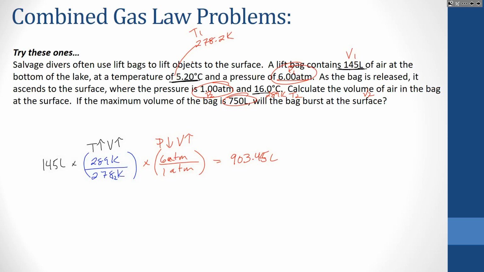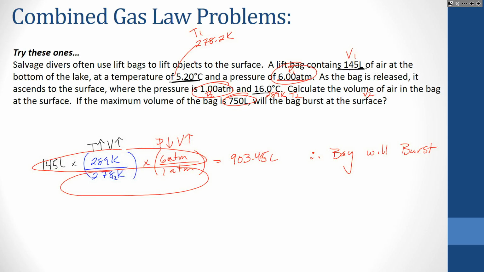And it can only hold 750, so therefore, the bag will burst. And that's how you would solve this using the logic method or ratio method. Now, if you were doing the formula method, you would have these 3 numbers on the top and these 2 numbers on the bottom at the end when you're solving for your final volume, your V2.